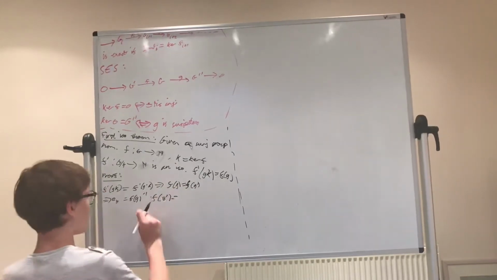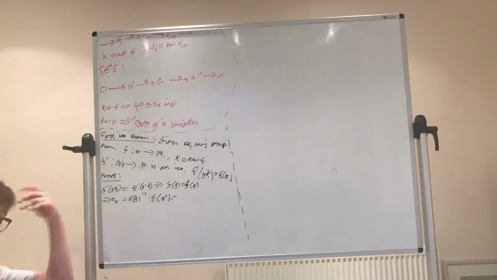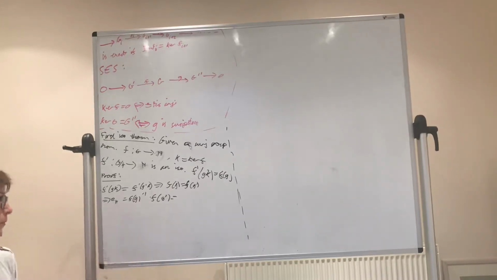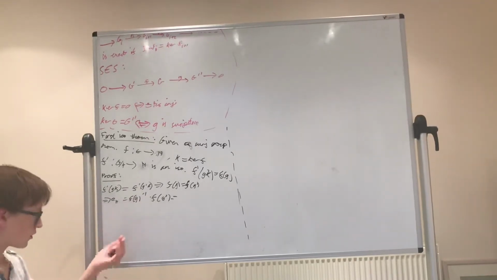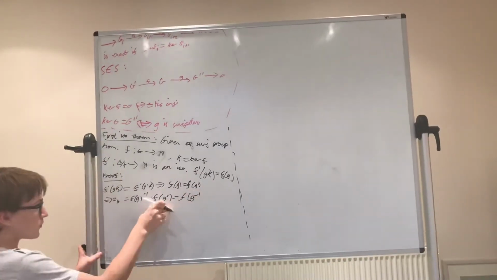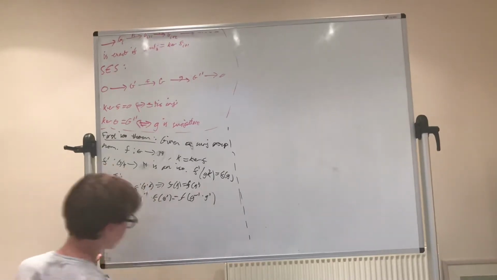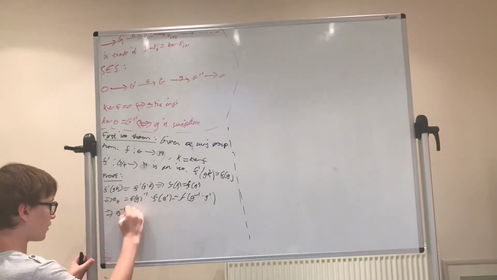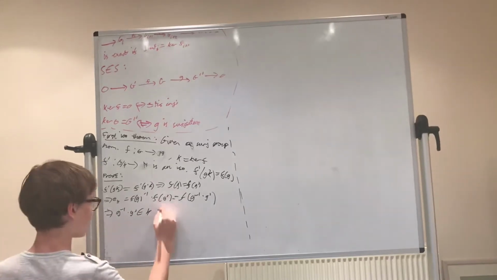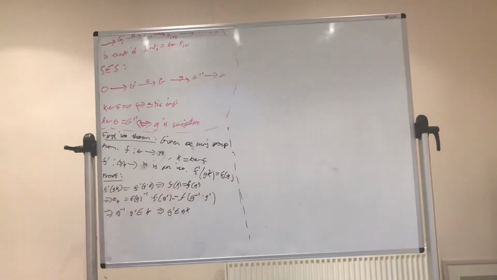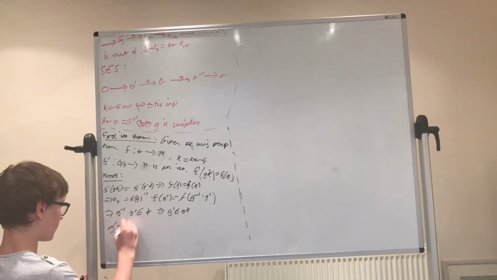And this is equal to, well, remember by the properties of homomorphisms which I proved somewhere, maybe 1.2, I'm not sure if that's where I did Cayley tables, but somewhere in my abstract algebra series, I proved that f of g inverse is equal to f of g, inverse, for a group homomorphism. So this equals f of g inverse g prime, because it's a group homomorphism, we can just do this. Okay, so hopefully that makes sense. And then this implies that g inverse g prime is in K, or in other words, that g prime is in the same coset as g, so we can just say that g prime equals g.